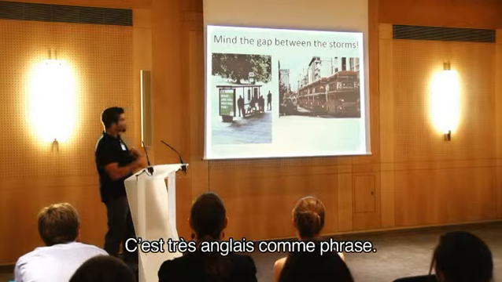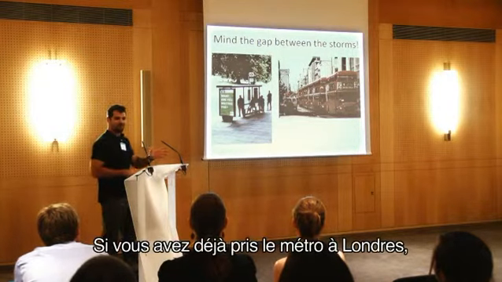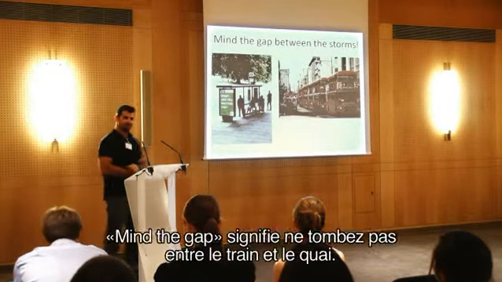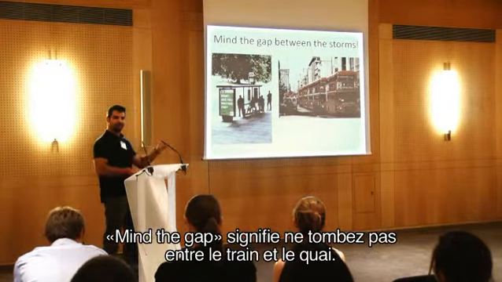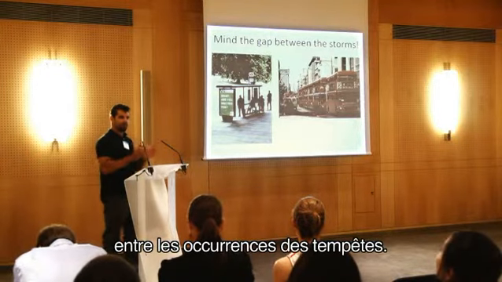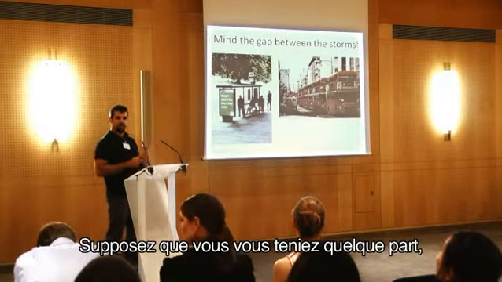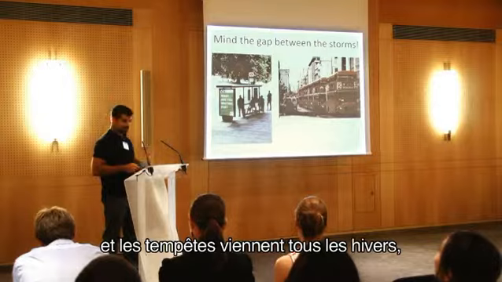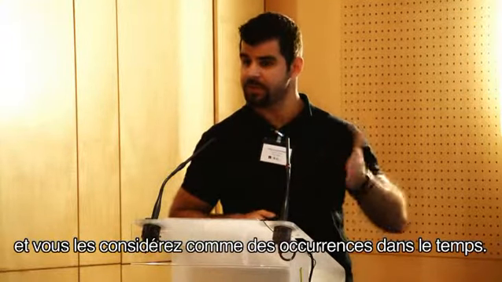This is a very British phrase. If you've ever been to the subway in London, mind the gap, don't fall in between the lines of the subway. But in this case, I'm referring to the gap between the times of occurrence of storms. So suppose you're standing somewhere in space and the storms are coming through, so you're standing in the middle of Paris, and there are storms coming through every winter, and you think of them as occurrences in time.